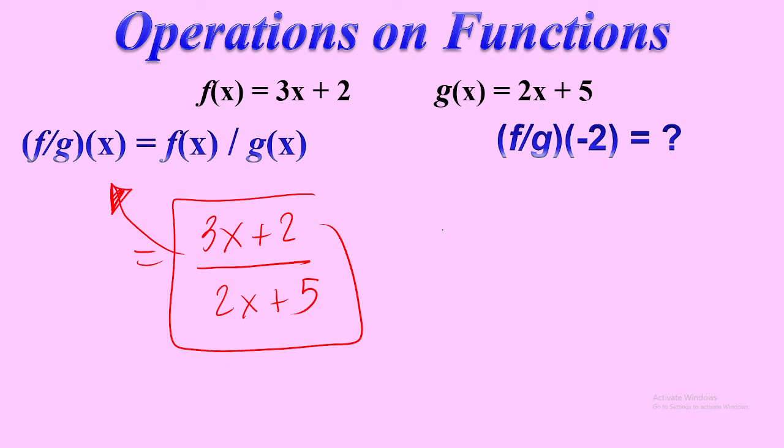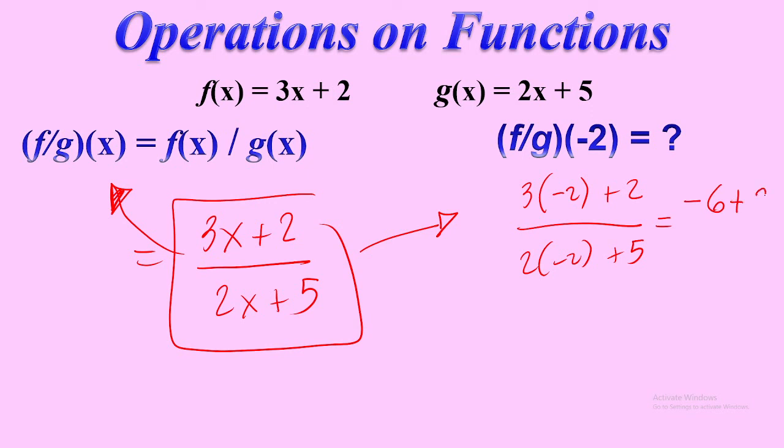So I have now, I substitute, class, 3 times negative 2 plus 2 all over 2 times negative 2 plus 5, which will give me negative 6 plus 2 over negative 4 plus 5.